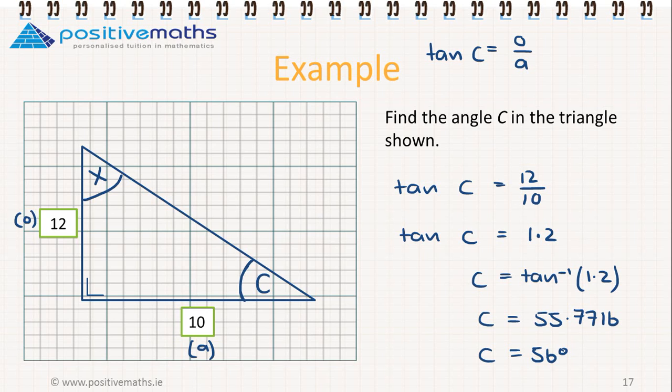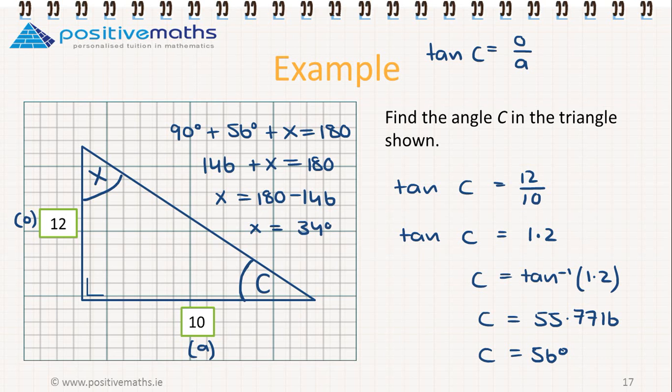So if we use trigonometry to find C, then we can say that 90 degrees, so our angle here, plus our angle C, so that's 56 degrees, plus x equals 180 degrees. So 146 plus x equals 180. So x equals 180 minus 146. So x is equal to 34 degrees.